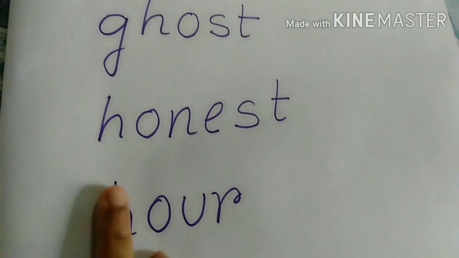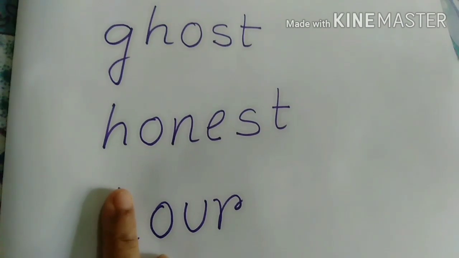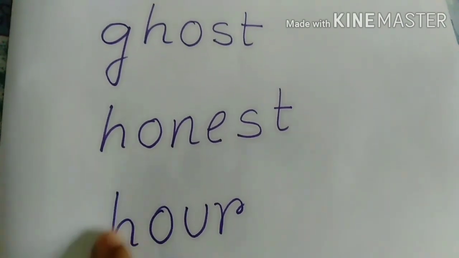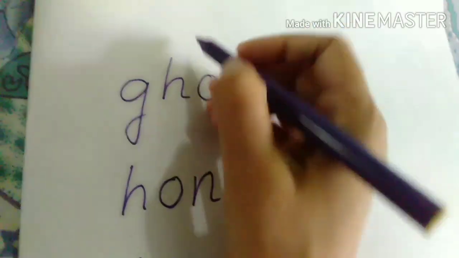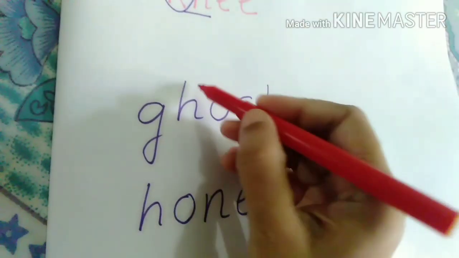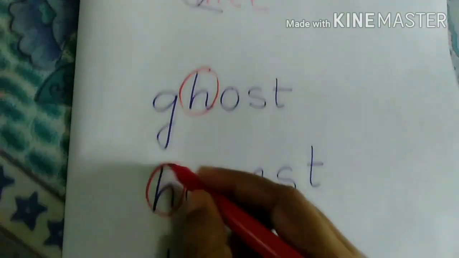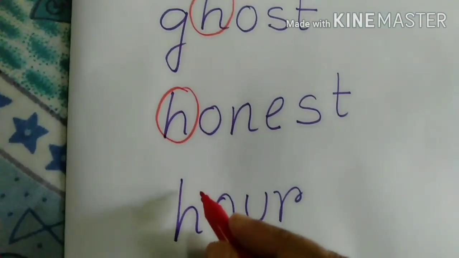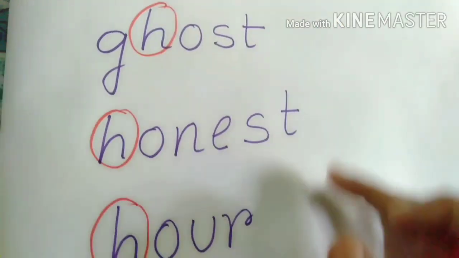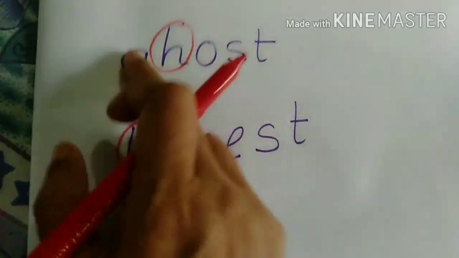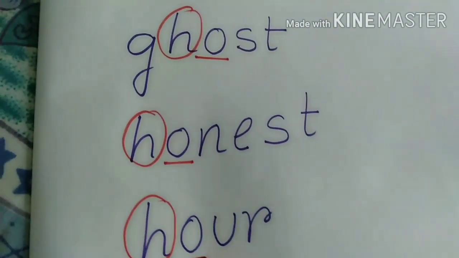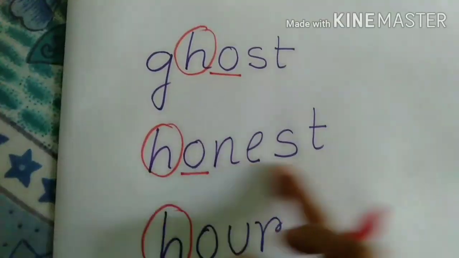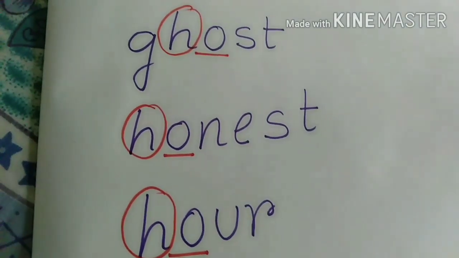H-O-U-R, hour. So the pronunciation of H is missing. We can see H but we cannot hear the sound of H. So in these cases, H is silent. Right, children? And what is common in all these three words? That H is sitting in front of the vowel O. So ghost, honest and hour.